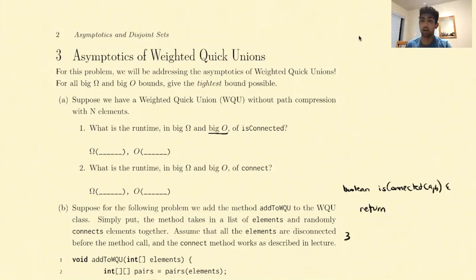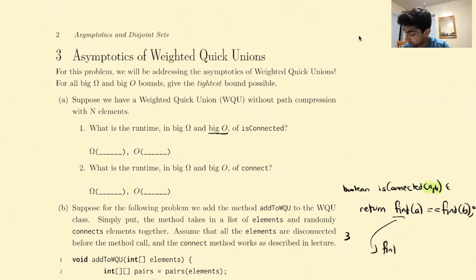This is pseudocode-esque. Suppose we're trying to figure out if A is connected to B. What we're going to return is whether find of A is equal to find of B. And immediately you might be asking, hey Soham, what is find? Well, the function find finds the root of a given element.